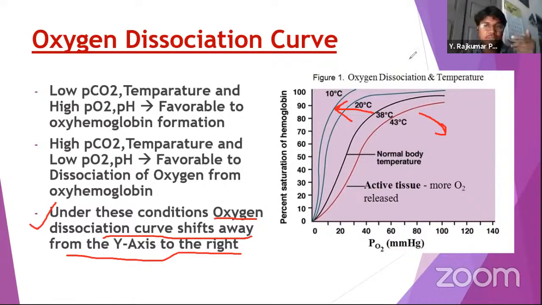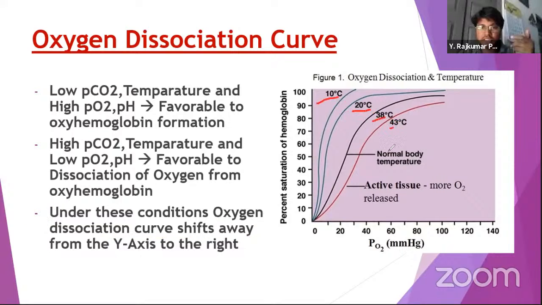Whenever the temperature is increasing, you can see there is 10 degrees Celsius, 20 degrees Celsius, 38 degrees Celsius, and 43 degrees Celsius. On the y-axis we have taken the saturation of hemoglobin, that means oxyhemoglobin formation. On the x-axis we have taken the partial pressure of oxygen.